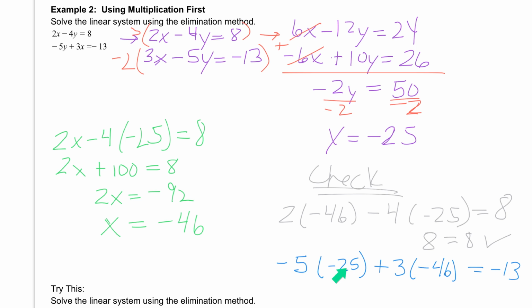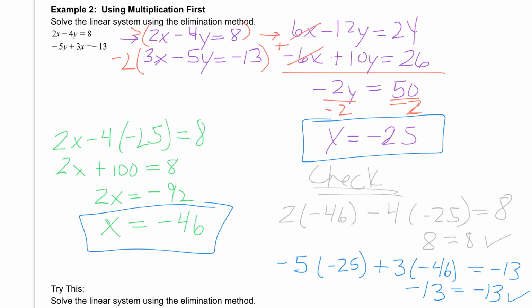Negative 5 times negative 25, plus 3 times negative 46. Plug that in your calculator all at once. After you hit enter, you should see that you get negative 13 is equal to negative 13, which tells us that the second equation works as well, meaning that our answer is x is equal to negative 46 and y is equal to negative 25. You could also write it as an ordered pair as negative 46 comma negative 25.